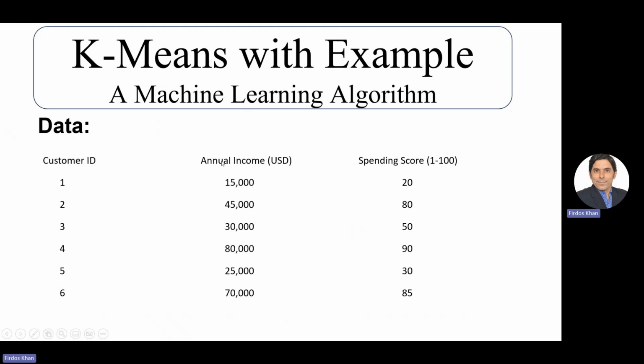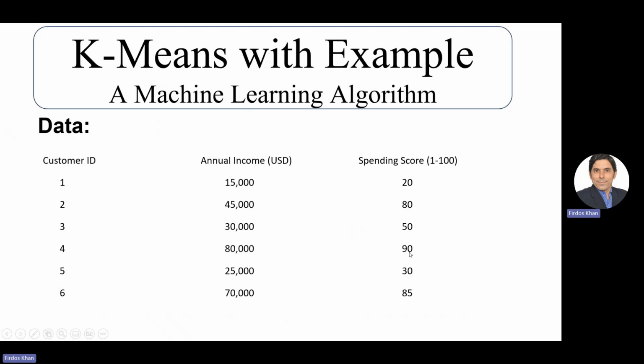Look at this: low incomes spend less, so the score is low. And this one is also high: the $80,000 annual income has the highest spending score, that is 90.